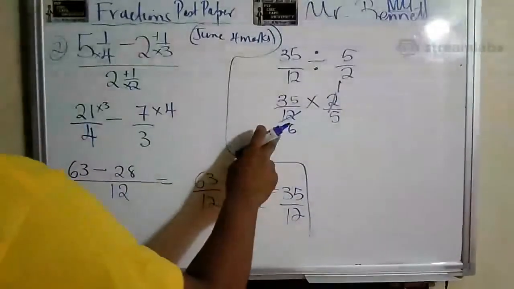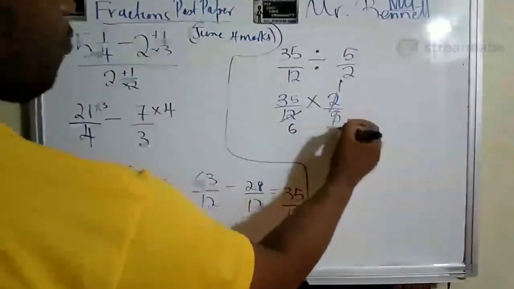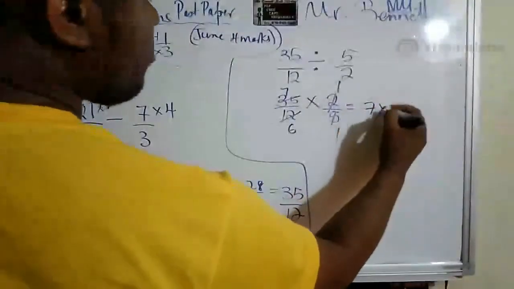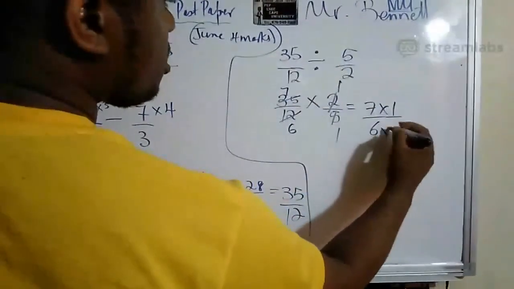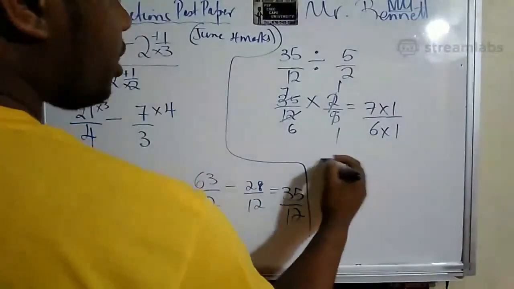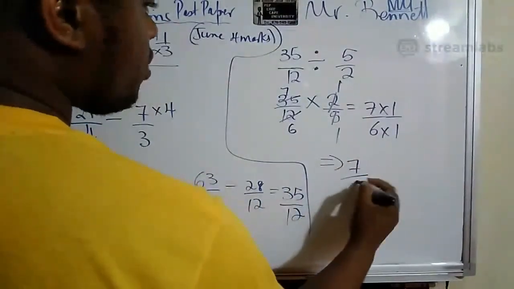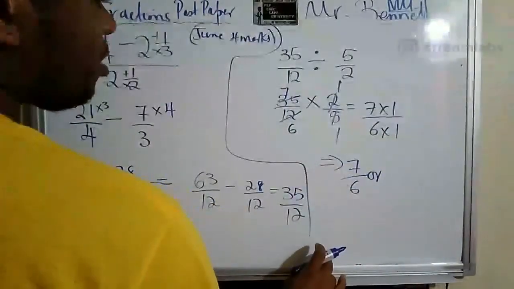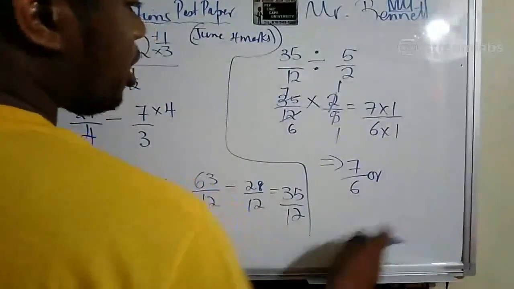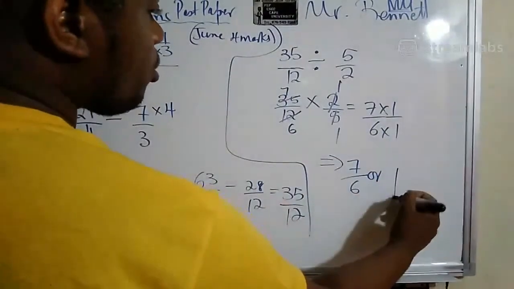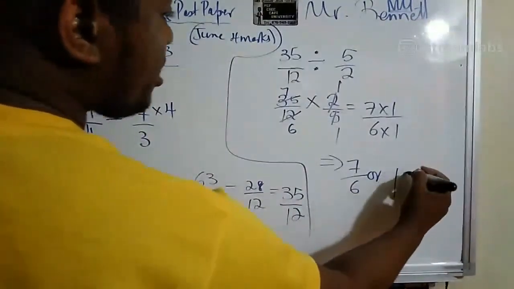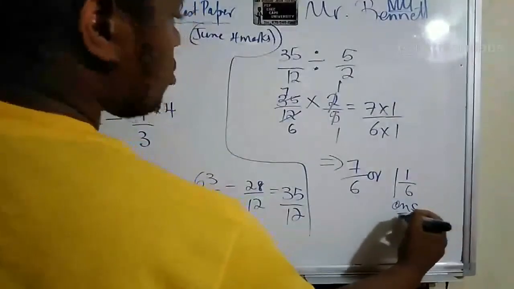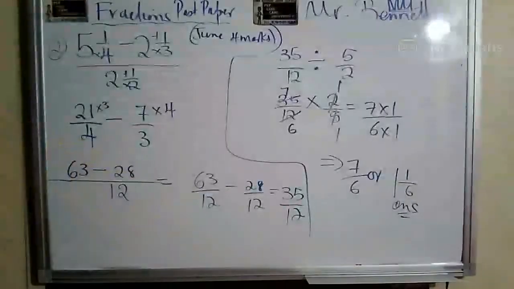So 5 into 5, 1. 5 into 35, 7. 7 times 1 and 6 times 1. So that gives us 7 over 6, or 6 into 7: if you have 7 things, and you take a group of 6, you will get one group, one is left by itself, and you put it over 6, right? So that's, let me see how many marks for that one.